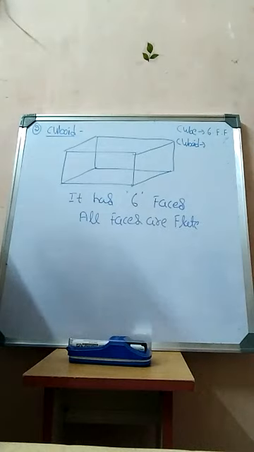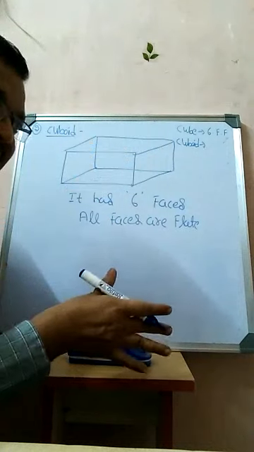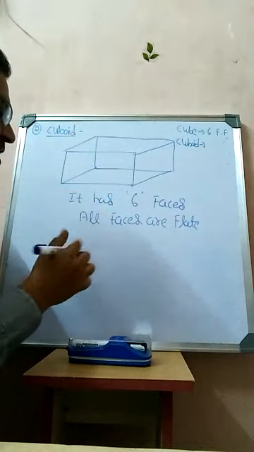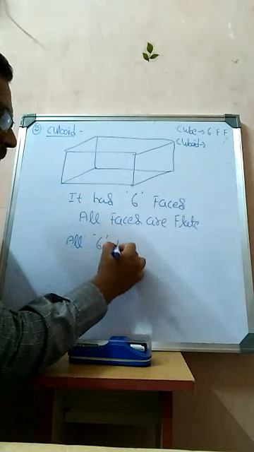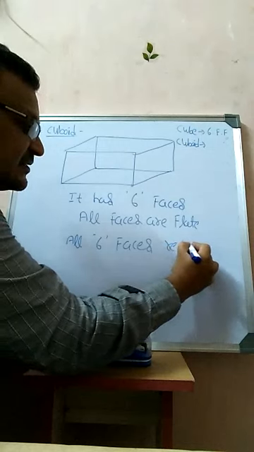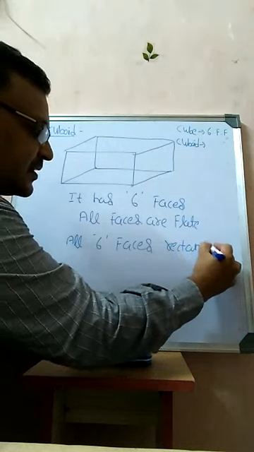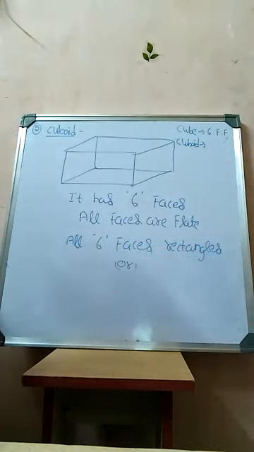And moreover, in a cube all six faces are squares. In a cuboid, all 6 faces are rectangles.